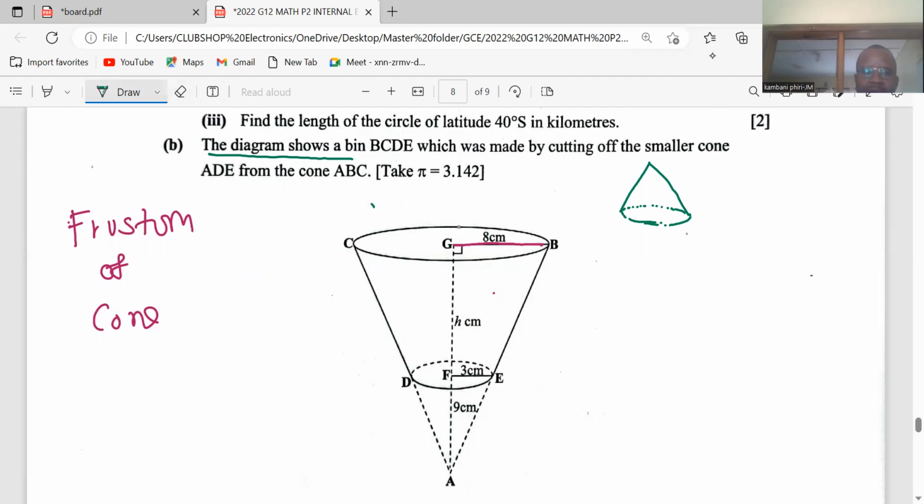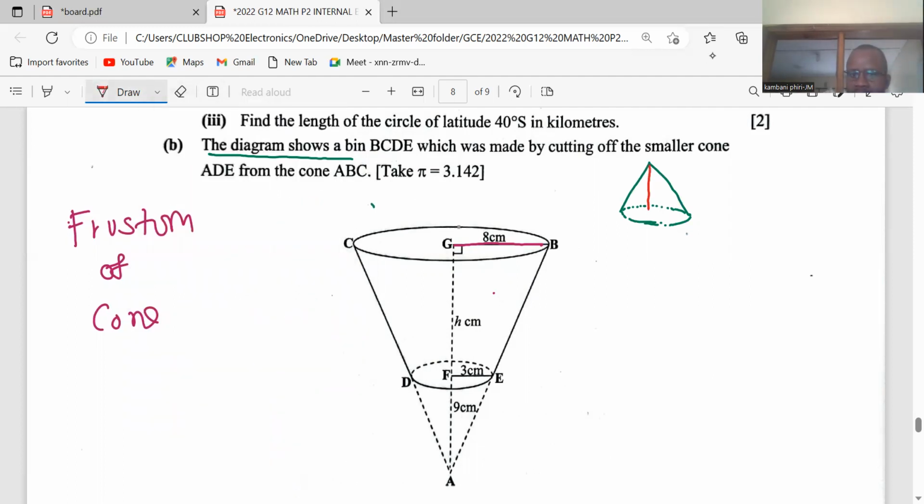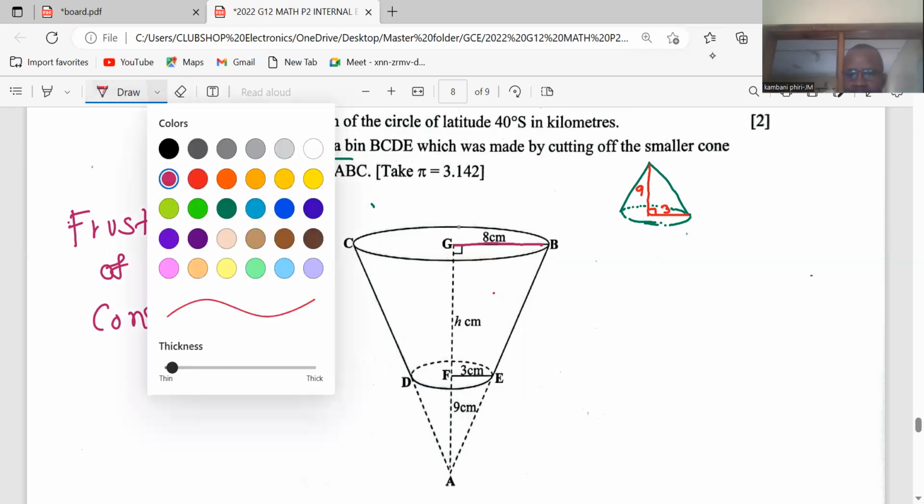Okay, this is our smaller cone. The height here is 9, but the radius here is 3. Now, maybe we can label first the smaller cone.